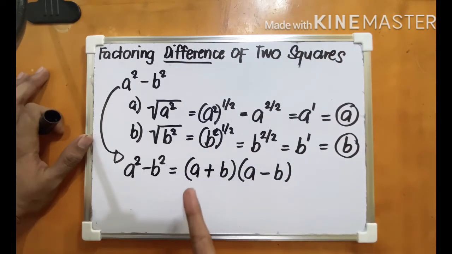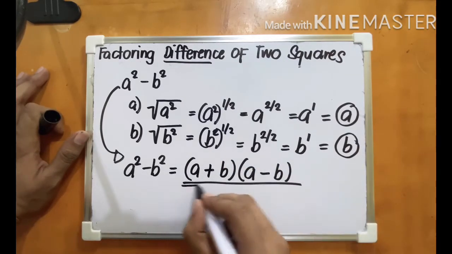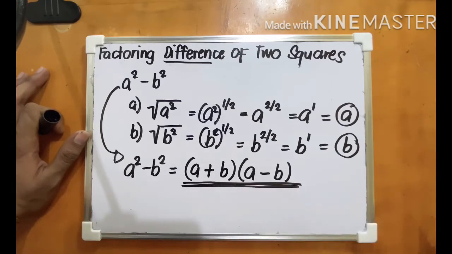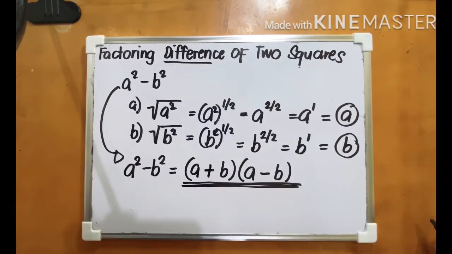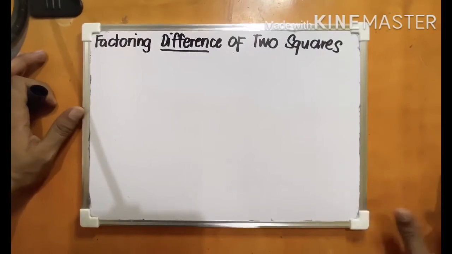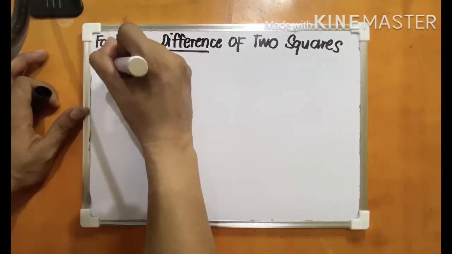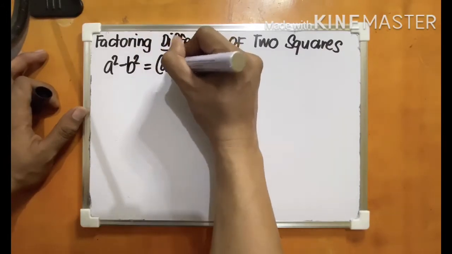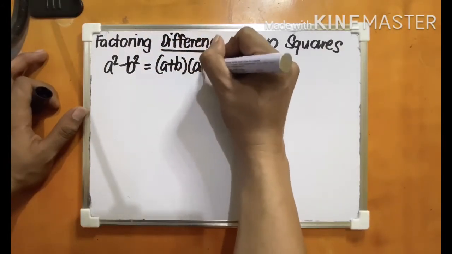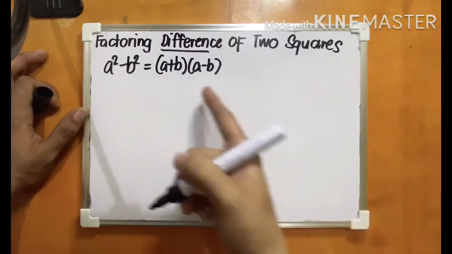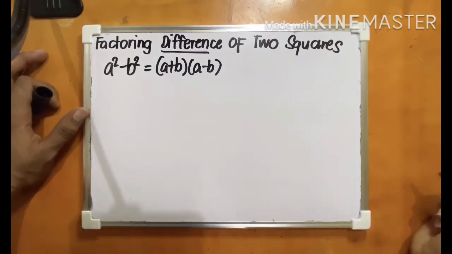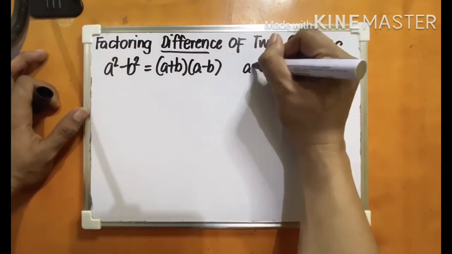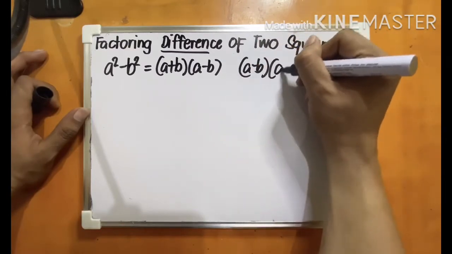So how come that these are the factors? Let's prove. Let's prove how come that a squared minus b squared is equal to the quantity of a plus b times the quantity of a minus b. Before that, sometimes my students will ask, "Sir, my classmate answered a minus b, then a plus b.